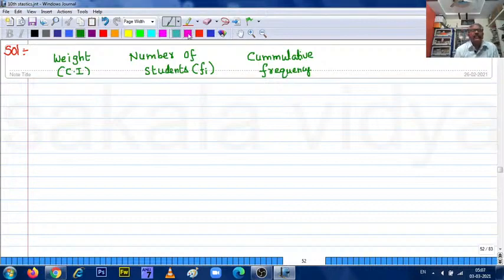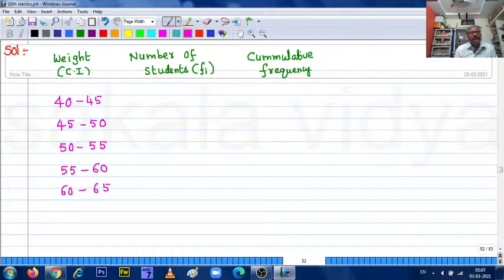Now first write down the weights: 40 to 45, next 45 to 50, 50 to 55, 55 to 60, 60 to 65, 65 to 70, and the last class interval is 70 to 75.